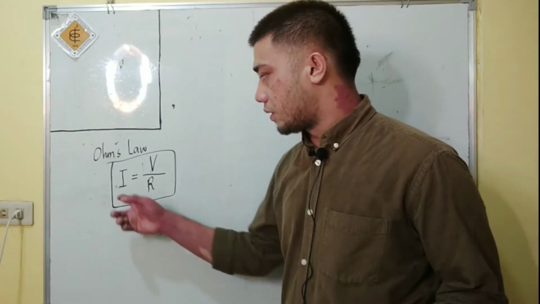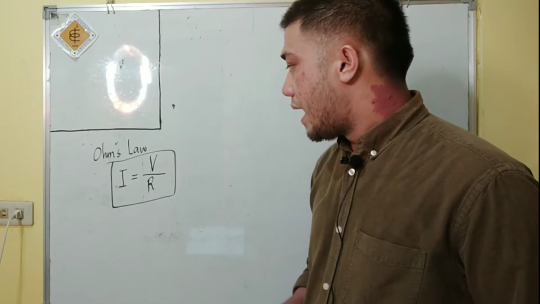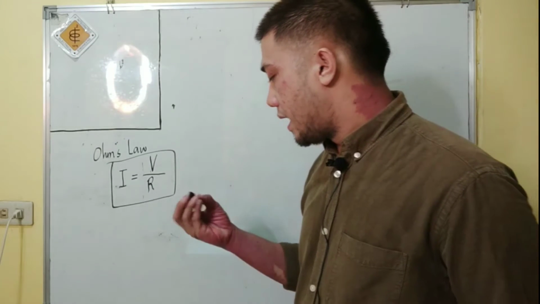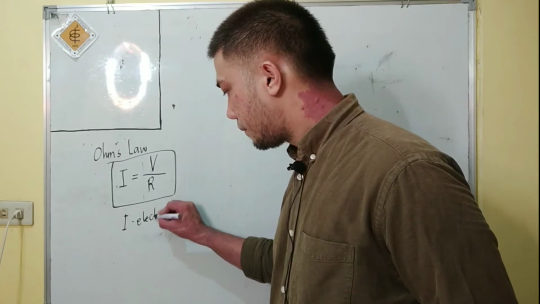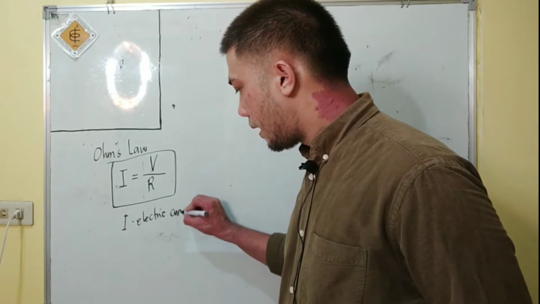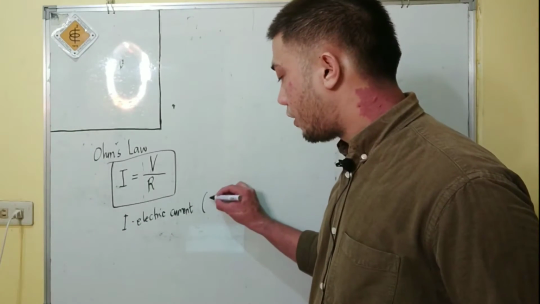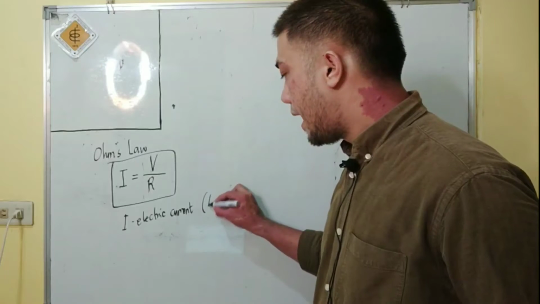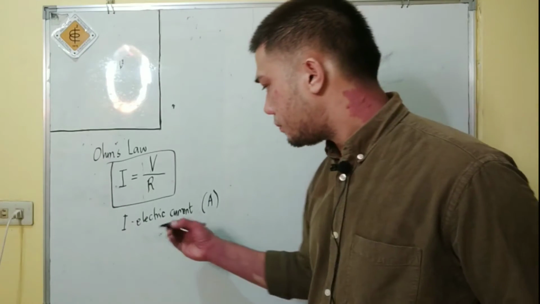Okay, for Ohm's Law, I is equal to V over R, we're going to have the units. For the current, again, this is electric current, having a denotation of I and a unit symbol, ampere, named after Andre Ampere.